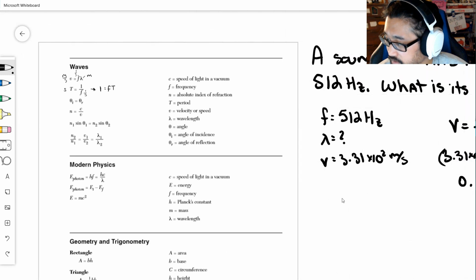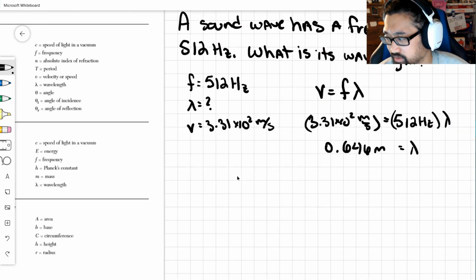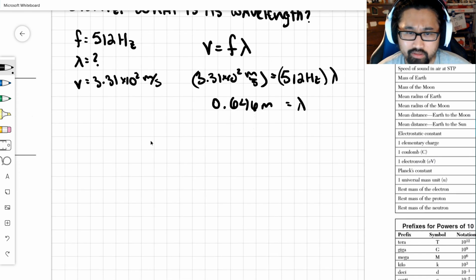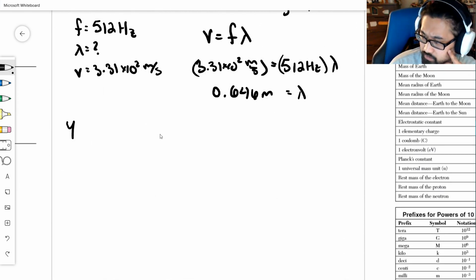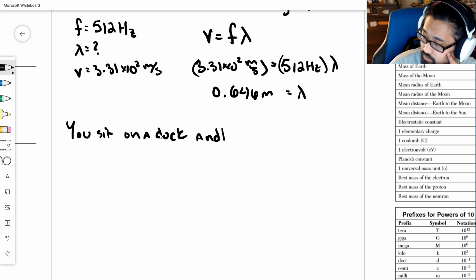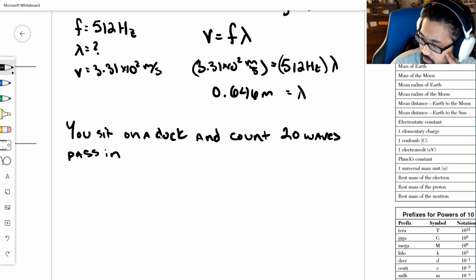As far as frequency and period, you might get a question like, you sit on a dock and count, I don't know, 20 waves pass in 8 seconds.